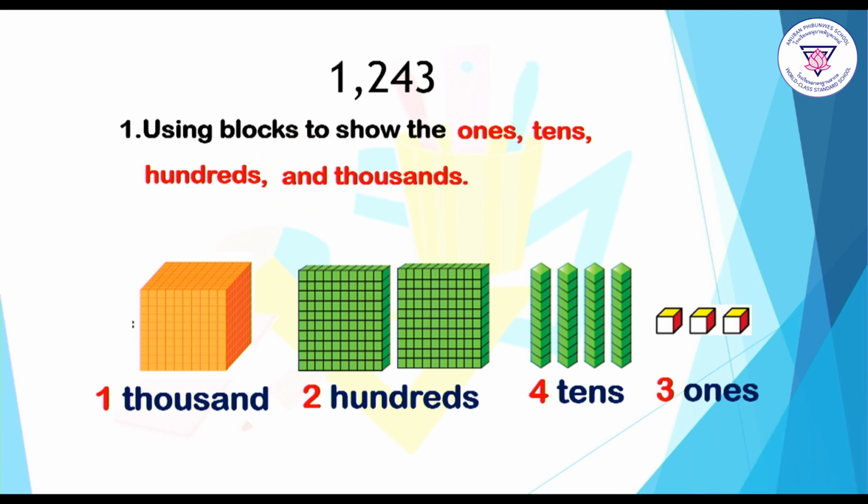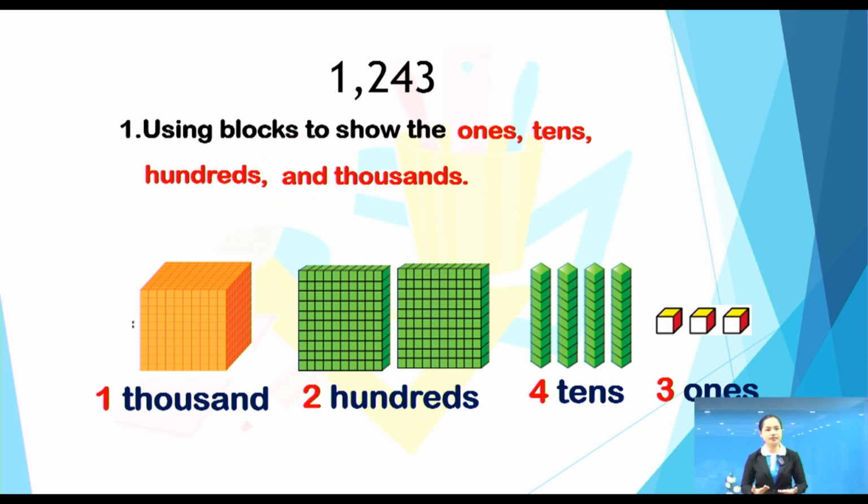So how do you write 1,000? How many zeros are there? Yes, there are 3 zeros. So 1,000 is 1, 0, 0, and 0. The next one, 200. How many zeros can you see? There are 2. So 200 is 2, 0, and 0. And the third one, there are 4 tens.